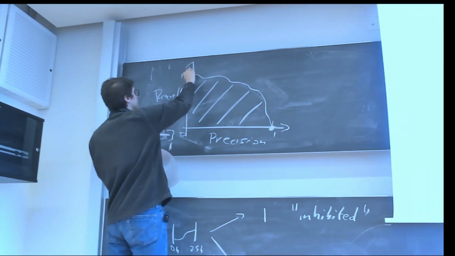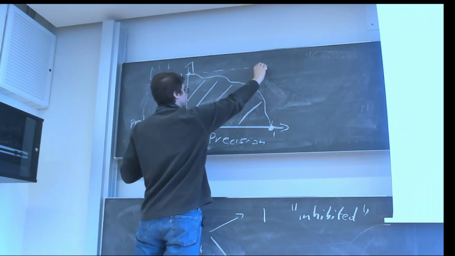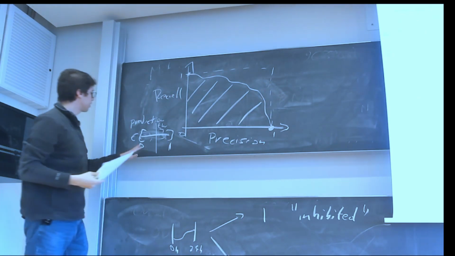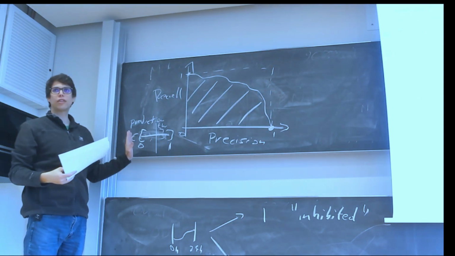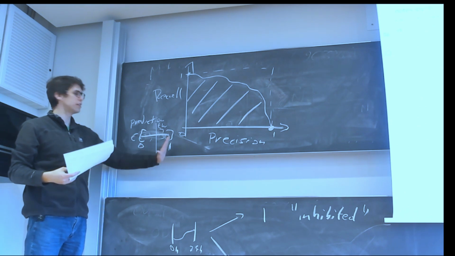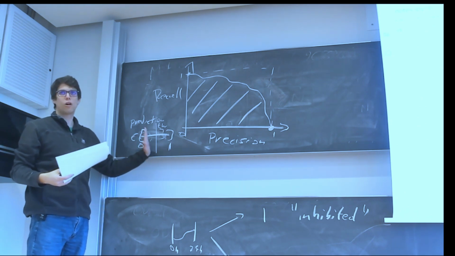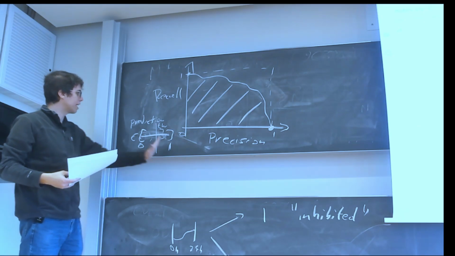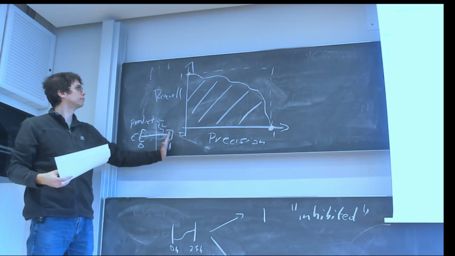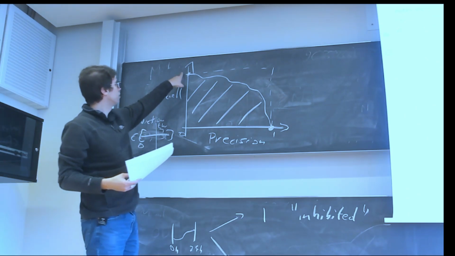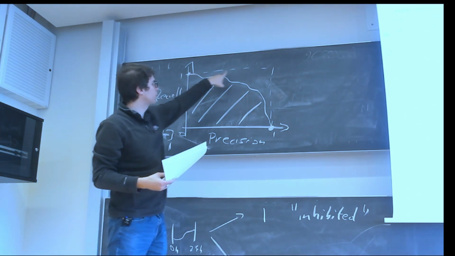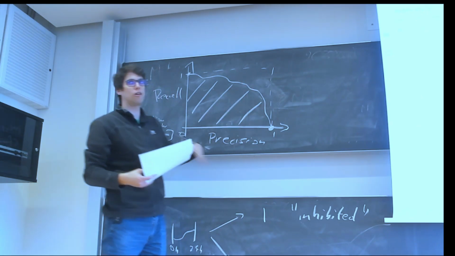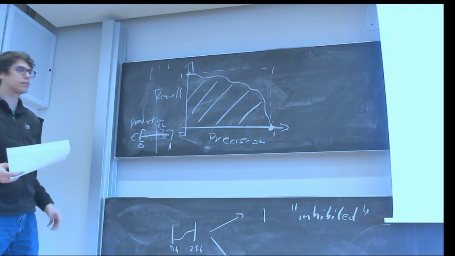Just as an idea why that at least makes some sense: if we're predicting 100% the correct thing, so we're either saying 0 or we're saying 1, then the thresholds almost don't matter because we're not saying anything between 0 and 1, except at the extremes. So our precision and our recall will be perfect, perfect, perfect, except here when we're hitting 1, then we break down, but just for kind of pathological reasons.